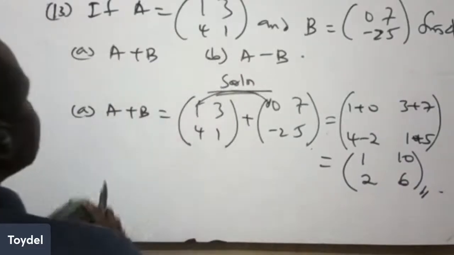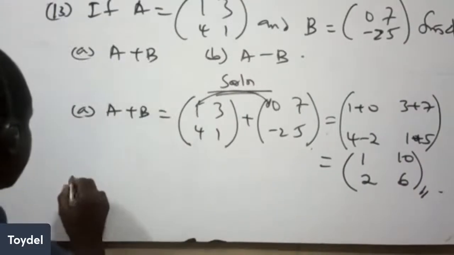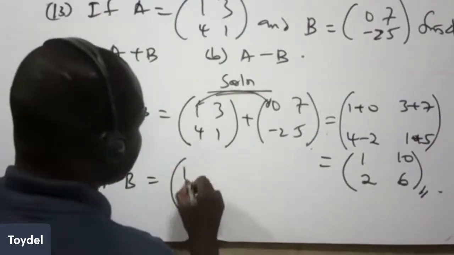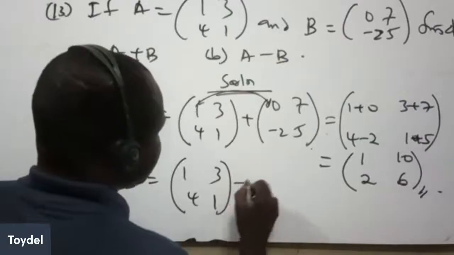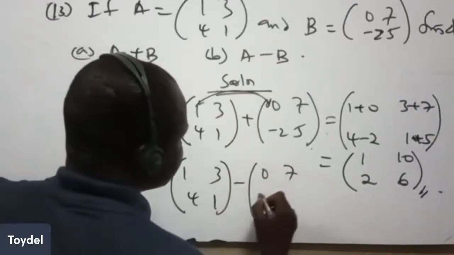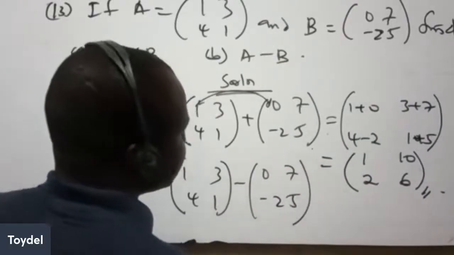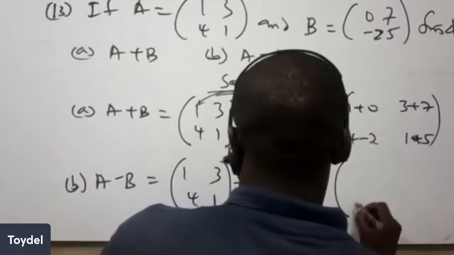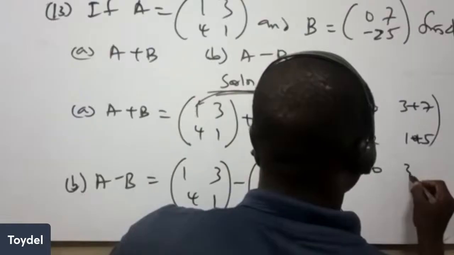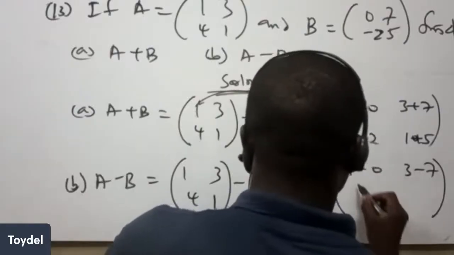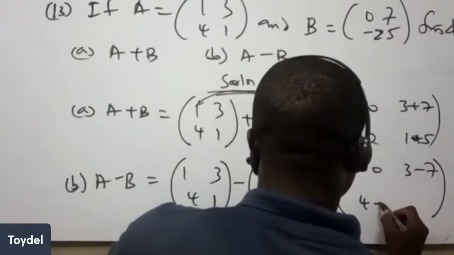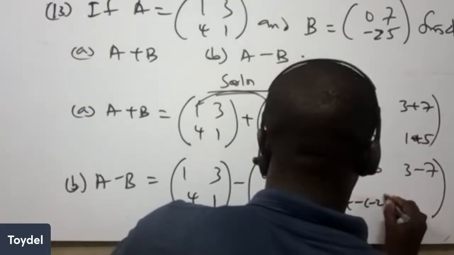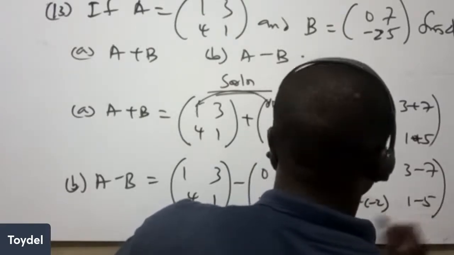Then A minus B, still the same thing. For the second one, A minus B, I'll just change the sign. 1, 3, 4, 1 minus 0, 7, minus 2, 5. Then I'm going to have 1 minus 0, 3 minus 7, 4 minus minus 2, then 1 minus 5.